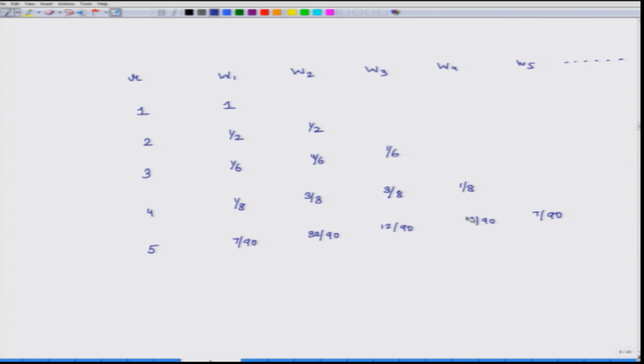And so on. So, I can develop this table further down.